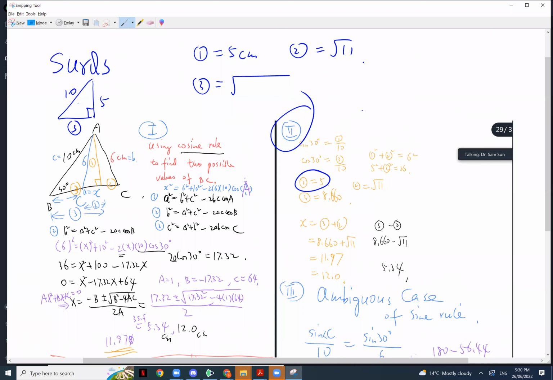Square root of 75, so 5 root 3. So the answer for x could be 5 root 3 plus root 11 or 5 root 3 minus root 11. This type of answer is called exact values. Can we just write x equals 5 root 3 plus or minus root 11? Yes, we can.